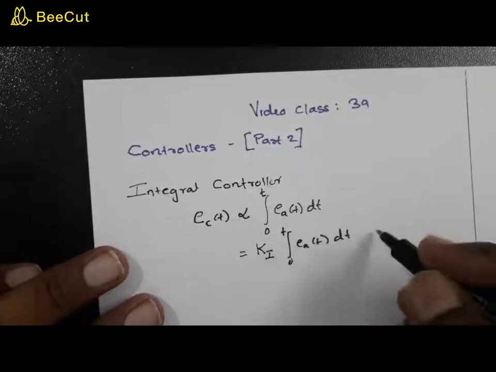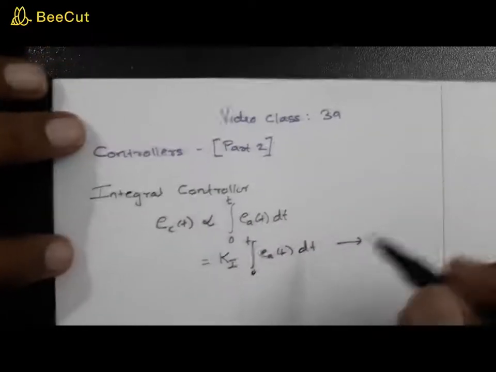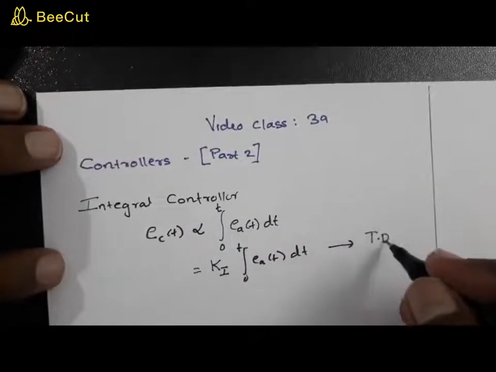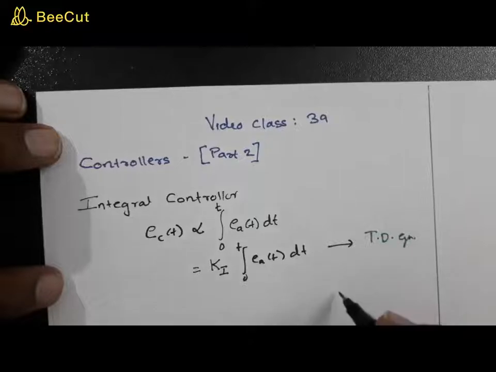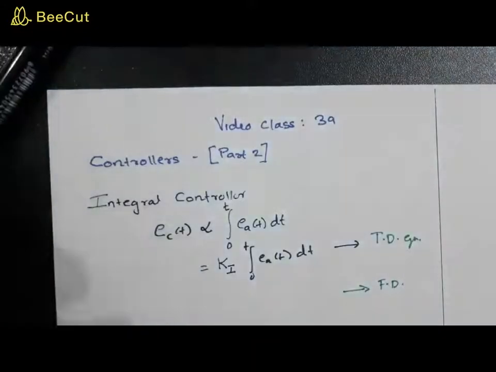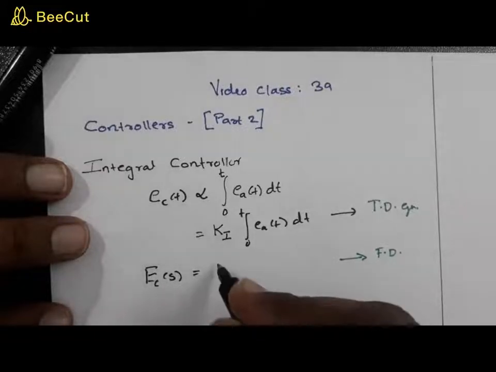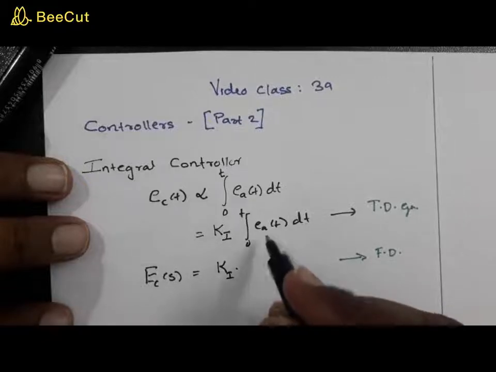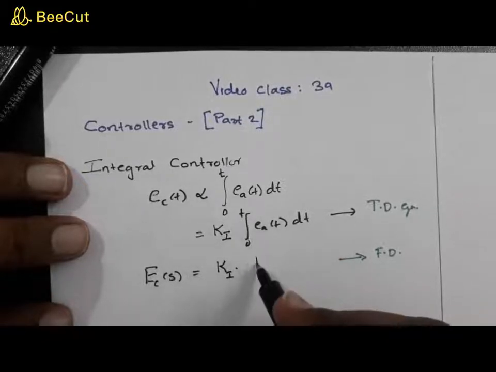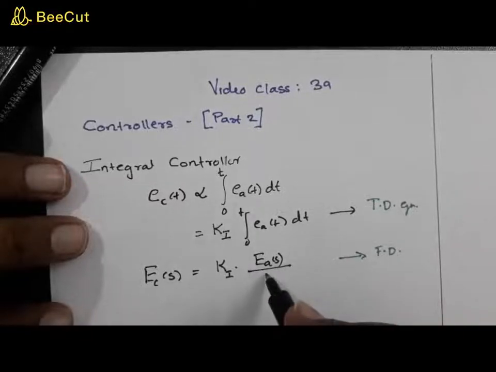So this is the time domain equation, and let's convert it into the frequency domain equation. That's very simple: you know that it is done by taking the Laplace transform. Taking the Laplace transform, this becomes EC of s is equal to Ki into EA of s by s.